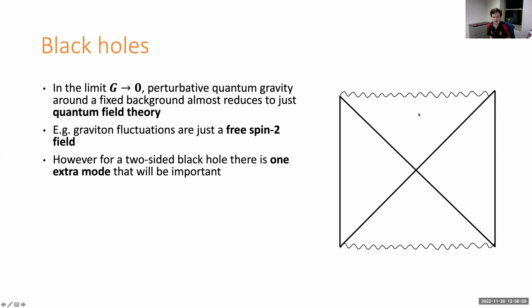But there is one extra mode for the two-sided black hole that can survive to the G goes to 0 limit, still leaving the background fixed, but can't be described by perturbative quantum field theory. And that's what's called the time shift between the left and right boundaries.